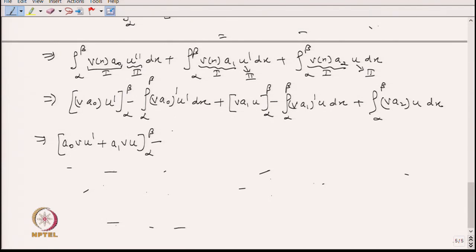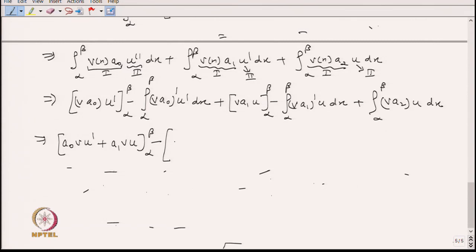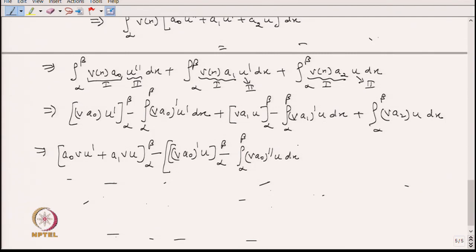So, if you want to solve this integral, then again I will apply the product rule. In that case it will be v A naught dash u, from alpha to beta, minus the integral from alpha to beta, taking the double derivative of this one. So, it will be the double derivative of this one and then u dx.